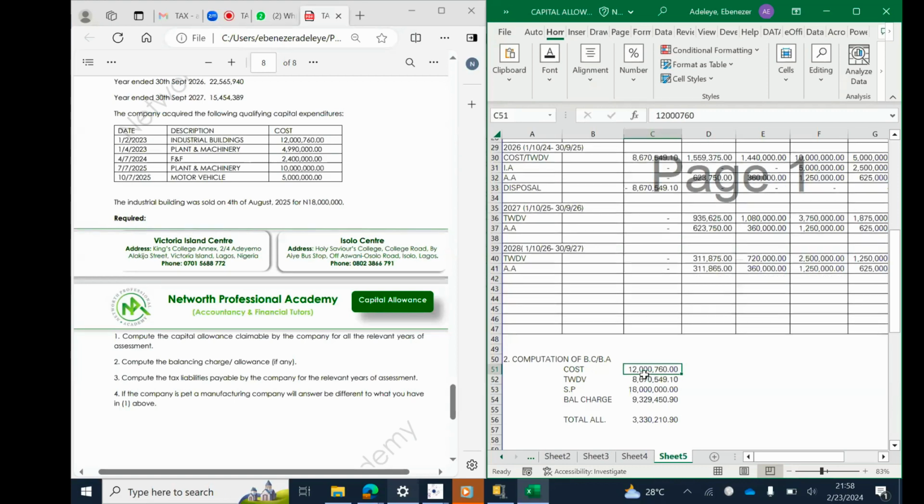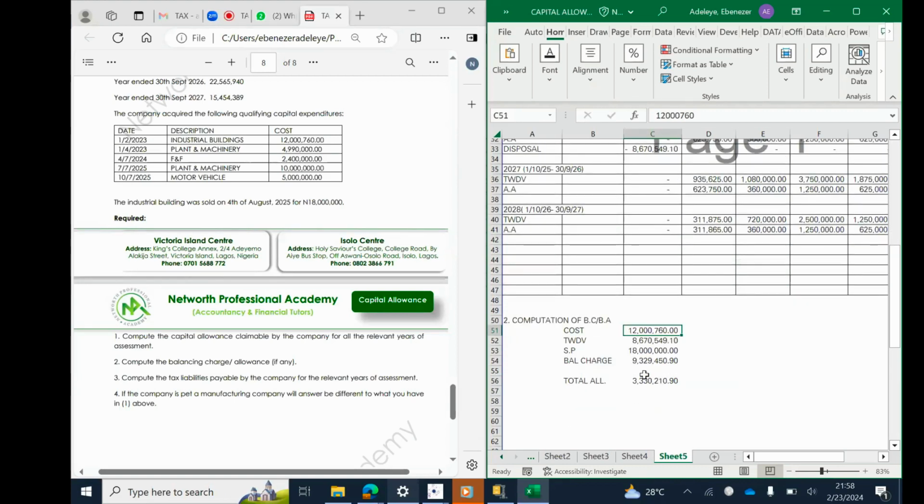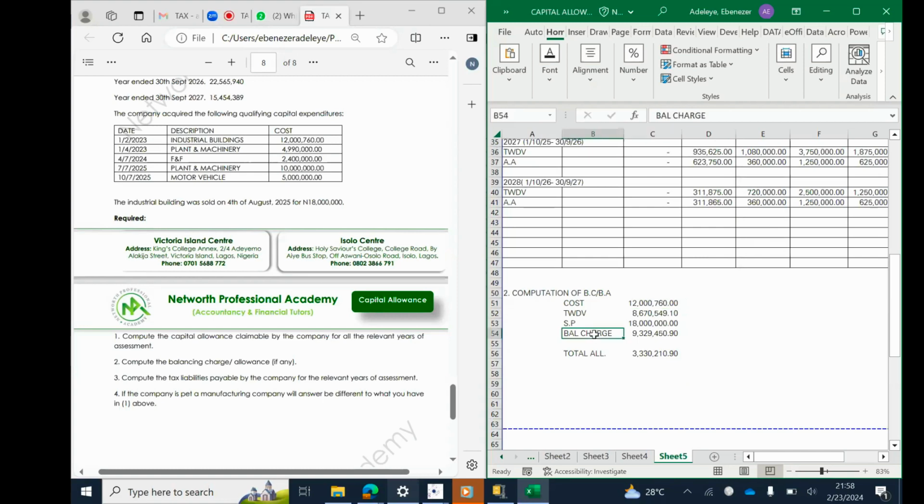Yes. So if that is clear, we can clearly see that the balancing charge is higher than the total allowance. So what do we do? Say that the balancing charge, this balancing charge is restricted to the total allowance.